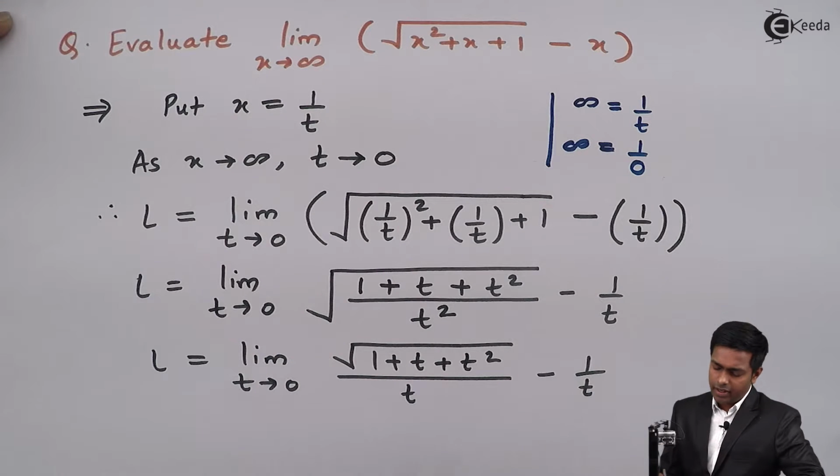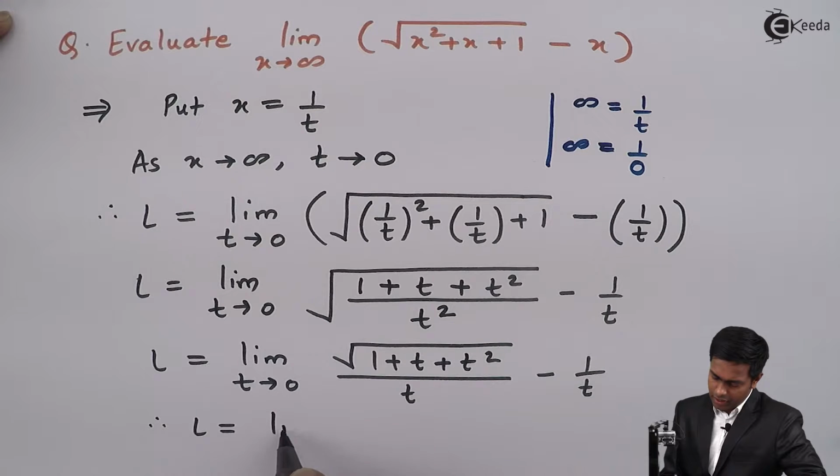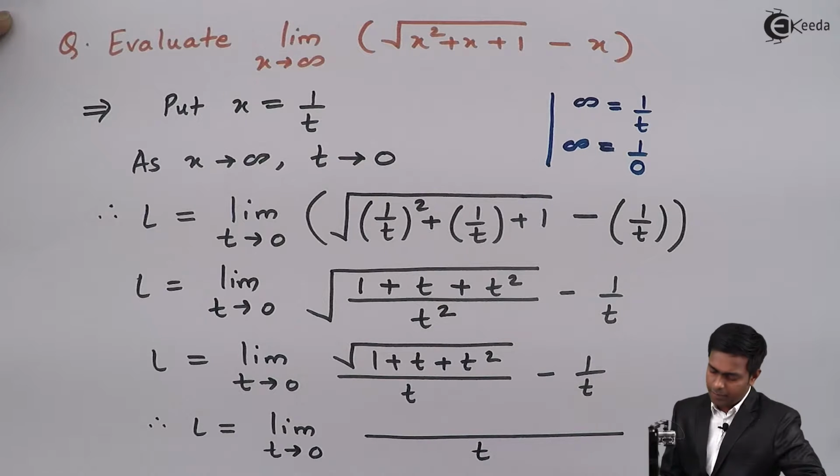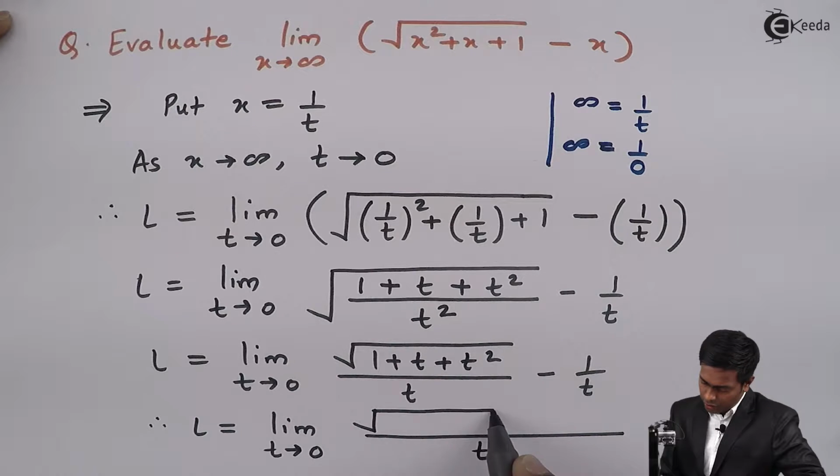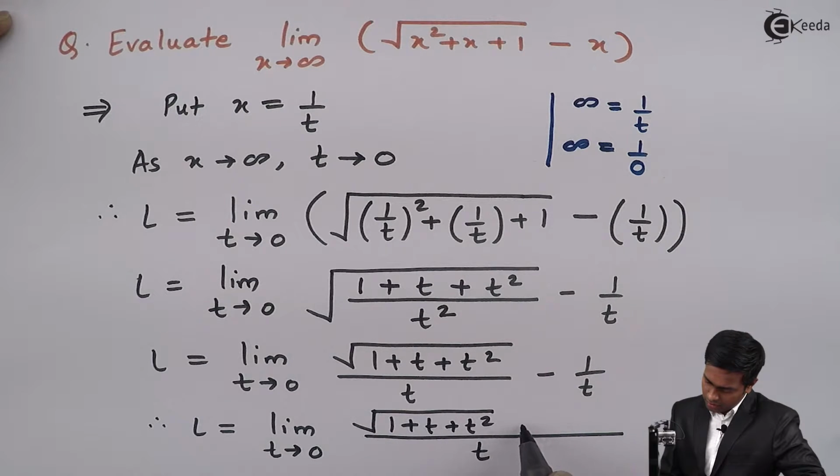Now taking the denominator common, L will become limit t tends to 0 of square root of 1 plus t plus t square minus 1, upon t.